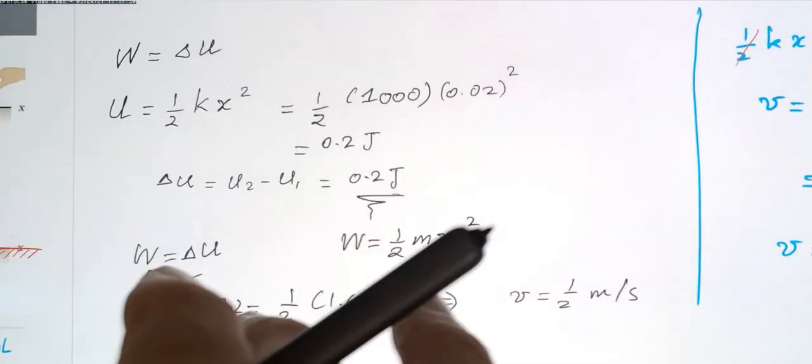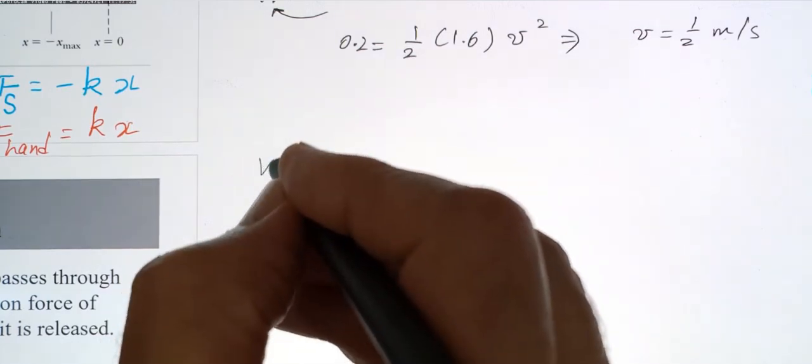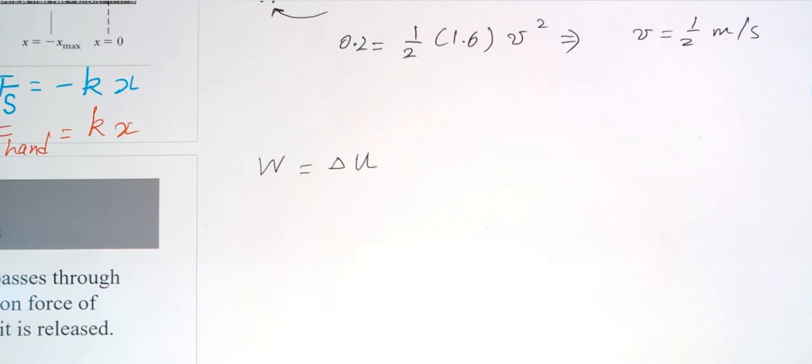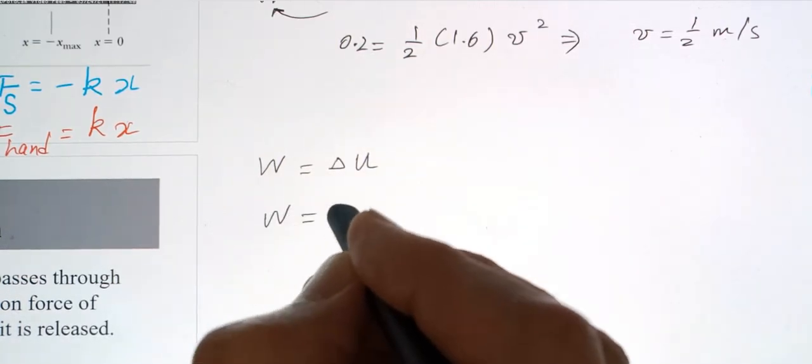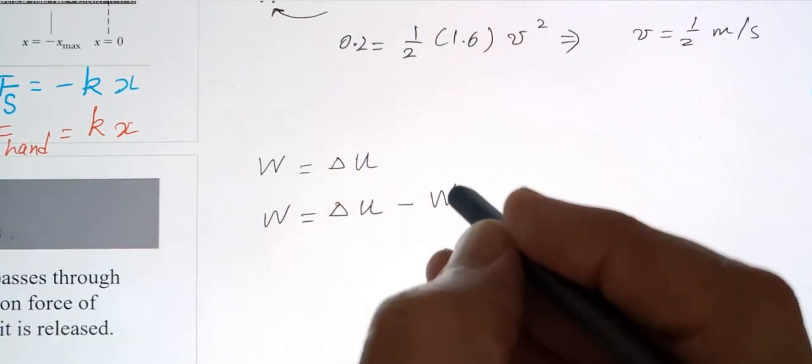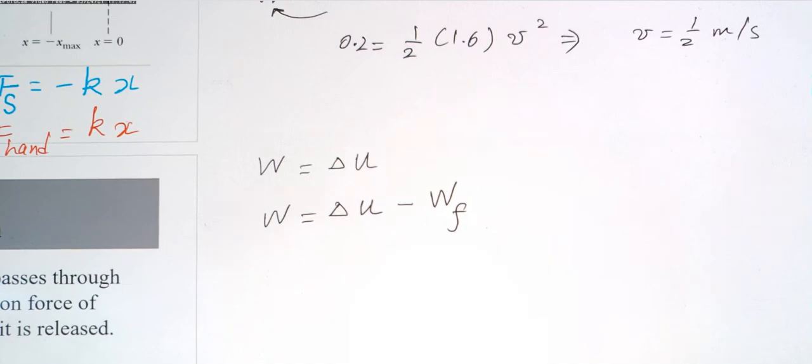So now, instead of writing work is equal change in potential energy, we will write work is equal change in potential energy minus the work done by friction. Okay?